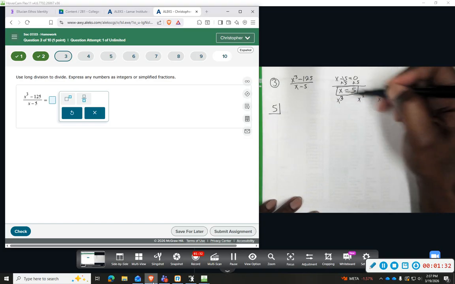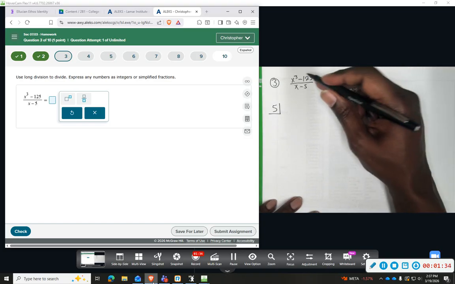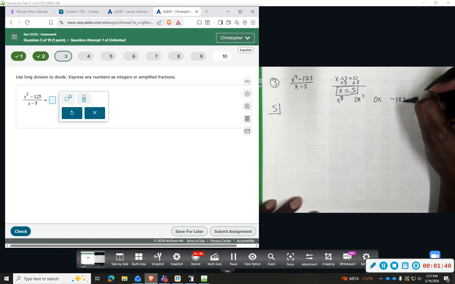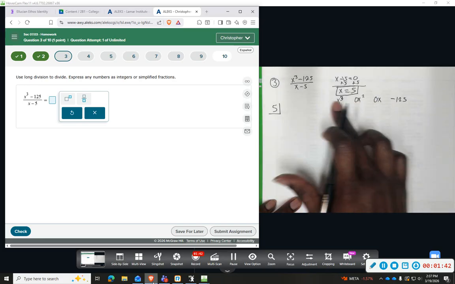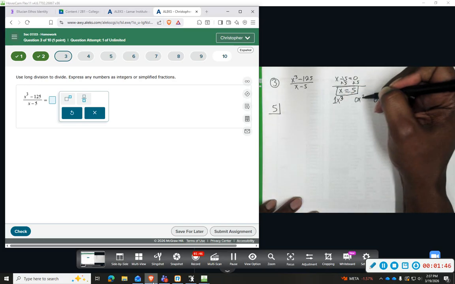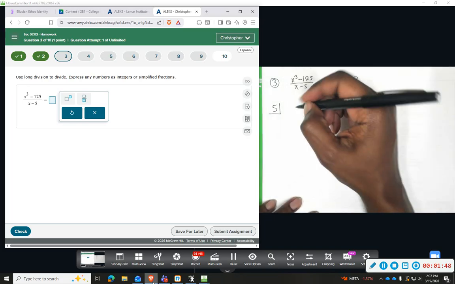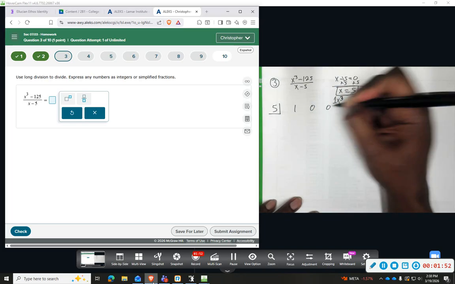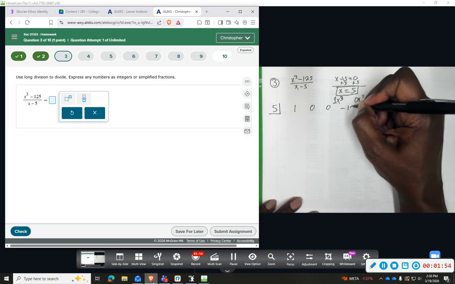I do not have an x to the second, so 0. I do not have an x to the first, 0. And then my constant term, negative 125. So these are going to be my coefficients. The number in front of x to the third is understood to be a 1, so 1, 0, 0, negative 125. So I need a 1 here, 0 as a placeholder, 0, and then a negative 125.